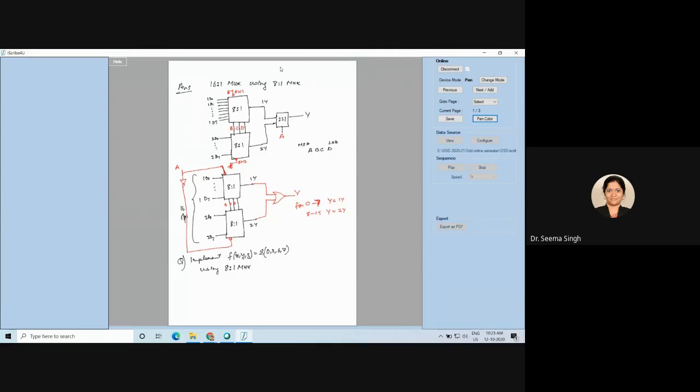Later we will see how we can do it without an 8:1 mux. Okay. Now tell me, how do we do this?